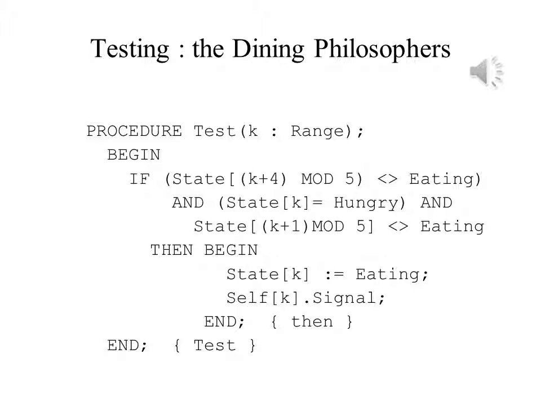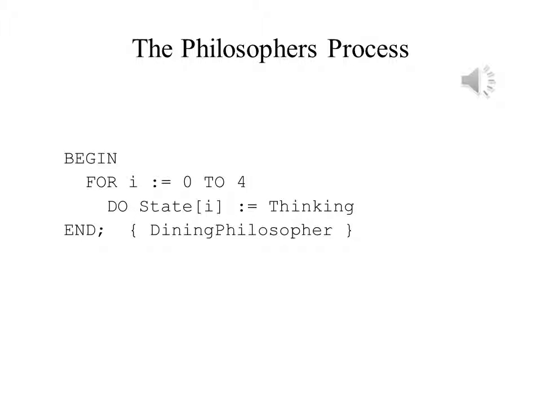If he or she does, we set his or her state accordingly, and if not, we fall through. His or her state not being set to eating will let him or her know that he or she will have to wait to pick up a chopstick. In our initial block, we expect all our philosophers to think, therefore we set their states accordingly.